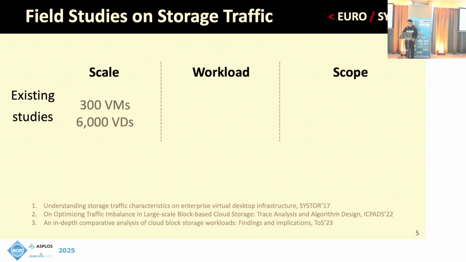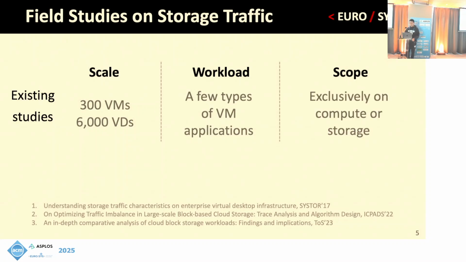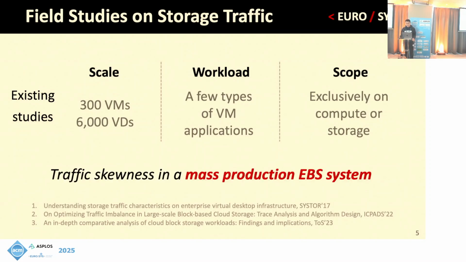For workload, this work only covers a few types of VM applications, whereas public cloud runs extremely rich applications. And for scope, they either focus only on the compute nodes or the storage nodes and lack a holistic view of the disaggregated architecture. Hence, in this work, we want to study the traffic skewness in a mass production EBS system.